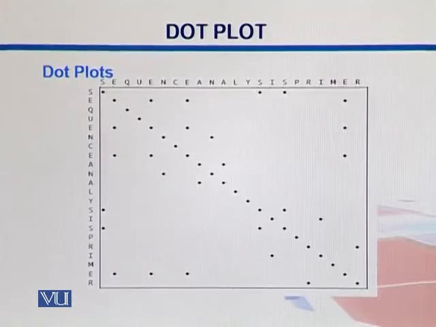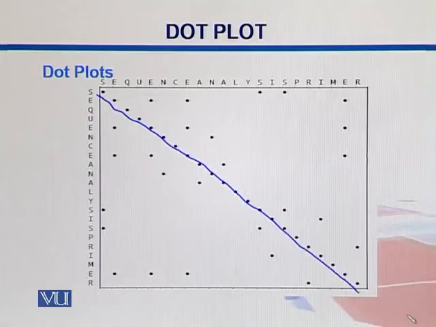Here we have a sequence written as "sequence analysis primer", and we have the same sequence on both sides. What you see in the middle is the diagonal, where we have these exact sequences. So if two similar sequences are placed together, we will get those diagonals, and the diagonals tell us the sequences are similar.